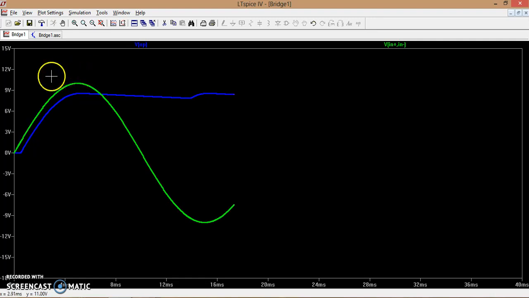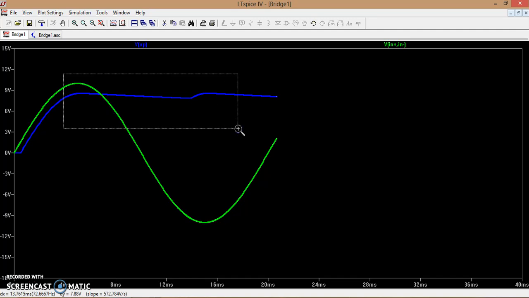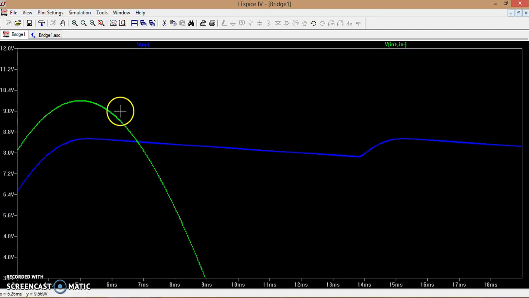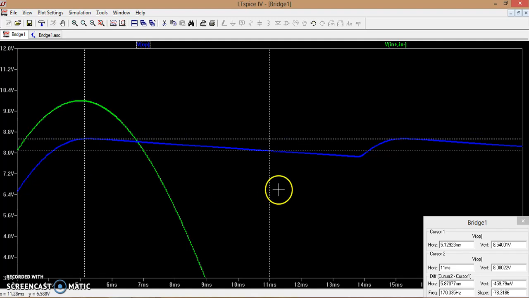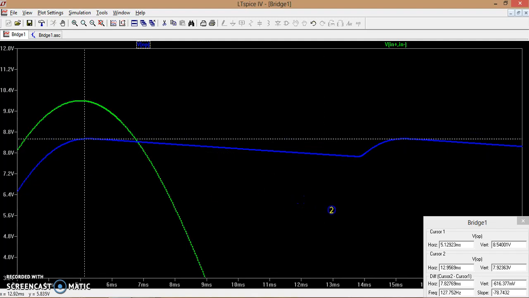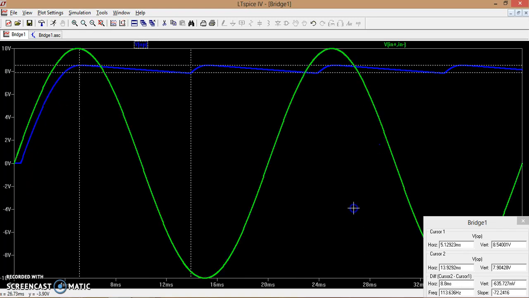You can clearly see the output voltage is now the ripple voltage. Now we can find the ripple voltage. You can have two cursors on the output. You can place one at the top, at the maximum, which is Vp minus Vd1, and the other at the minimum voltage. So I can further zoom this.